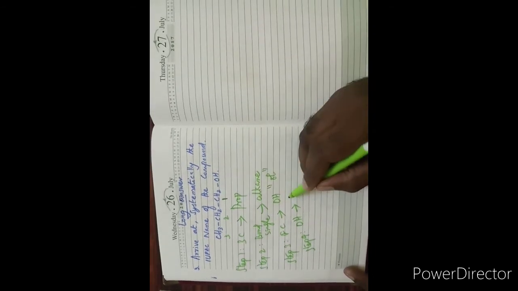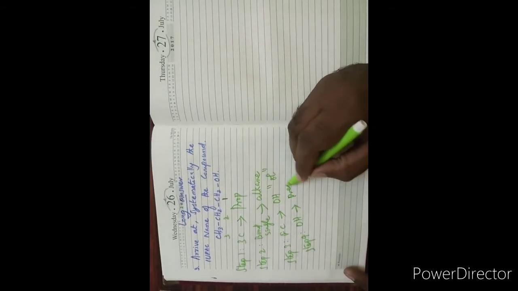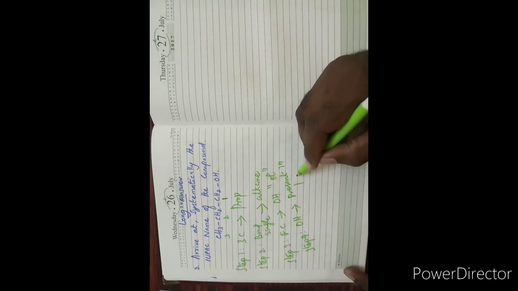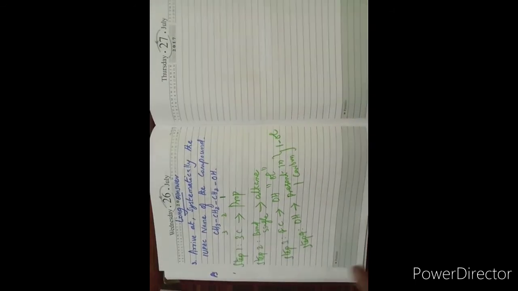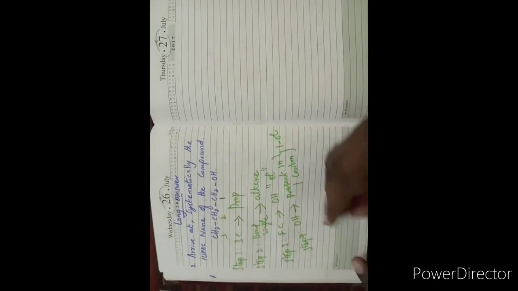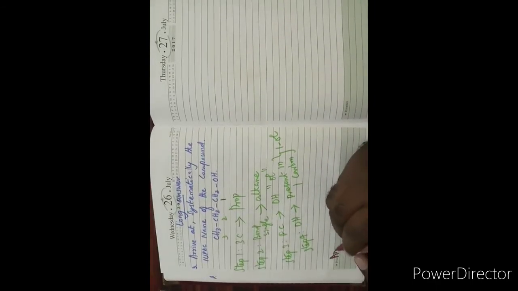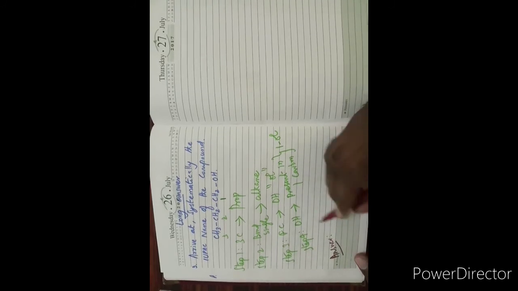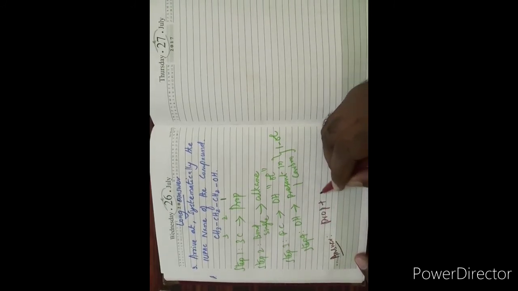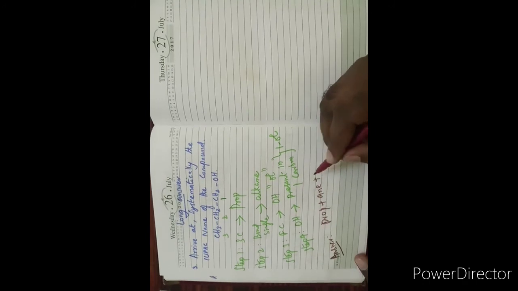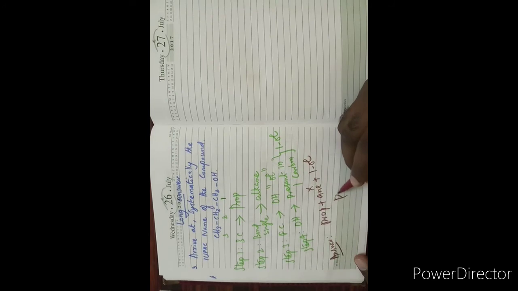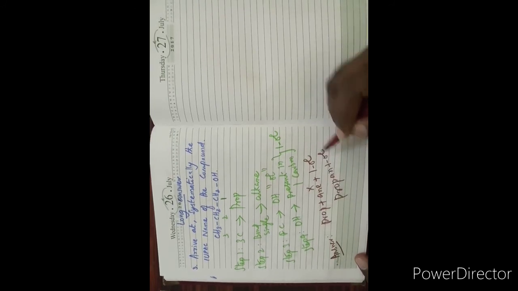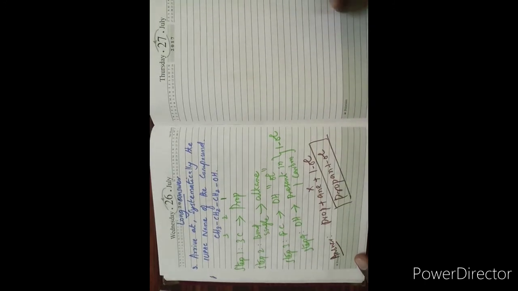So alcohol is present on the first carbon, so we can add 1-ol. So what is the final name here? The answer is prop plus ane plus 1-ol. On removing the e, we get propan-1-ol. This is the answer for the question.